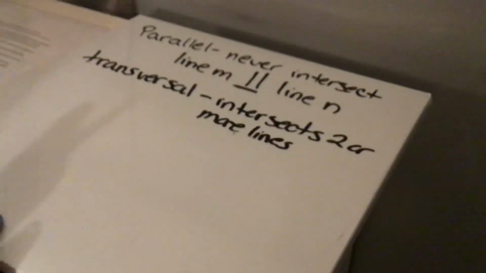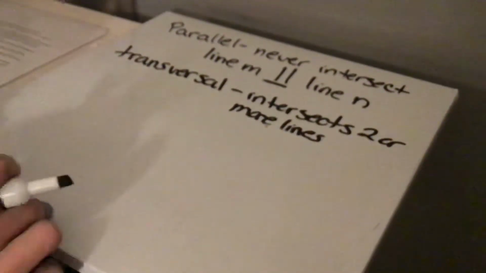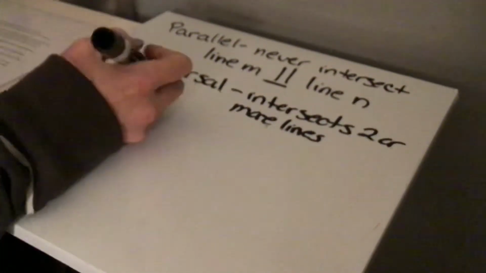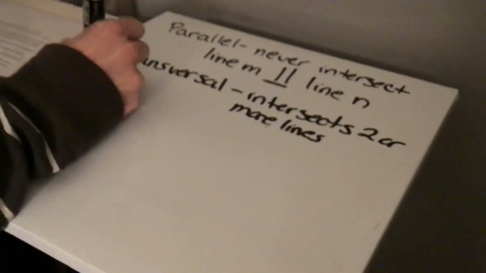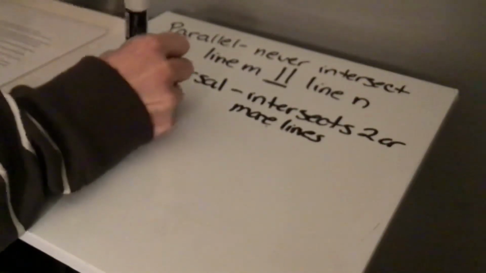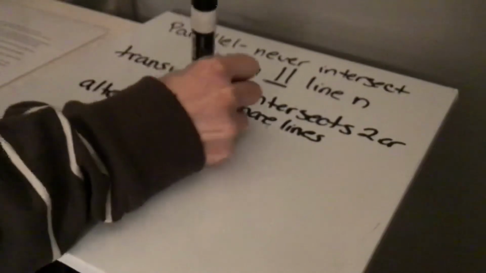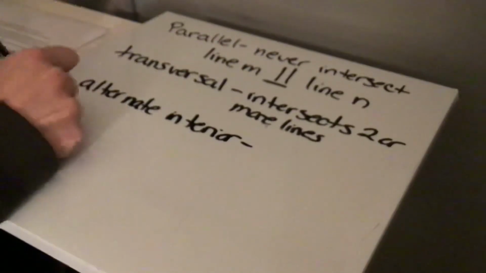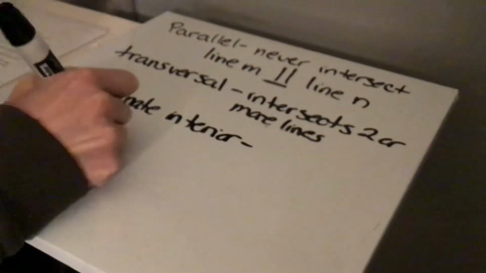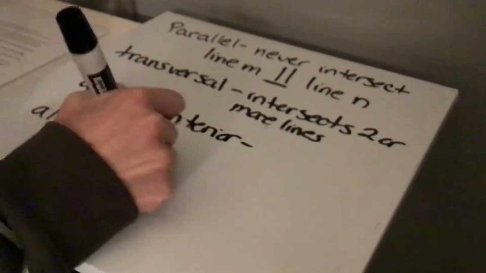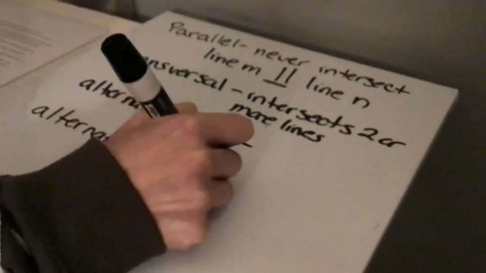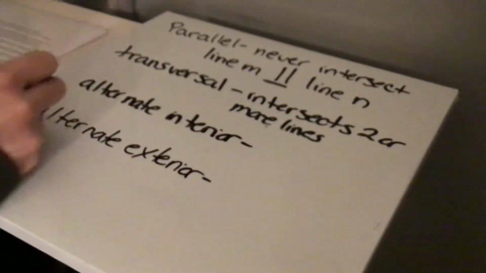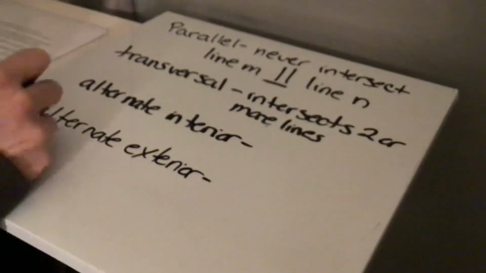And those angle pair relationships are called alternate interior angles. We have alternate exterior. And we have something called corresponding.